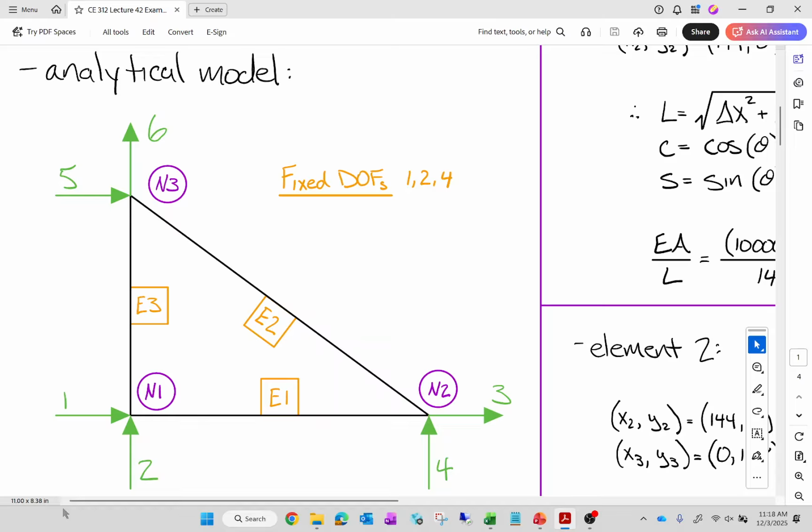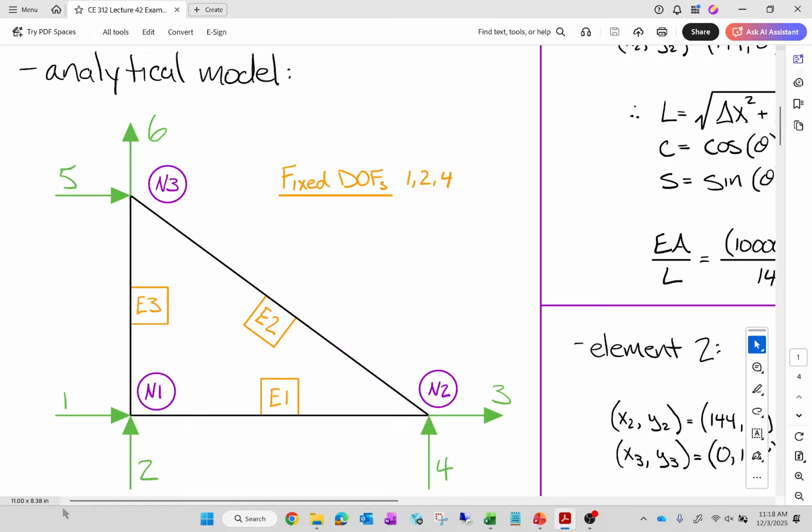So delta x over L is minus 144 over 180, and this is plus 108 over 180. So you chug that out, and this is going to be minus 4/5. This is going to be plus 3/5. Ultimately, this is a 3, 4, 5 triangle. Okay? Is this making sense?